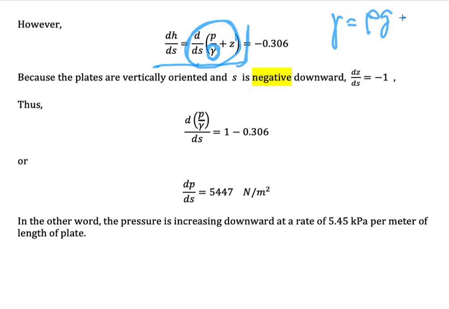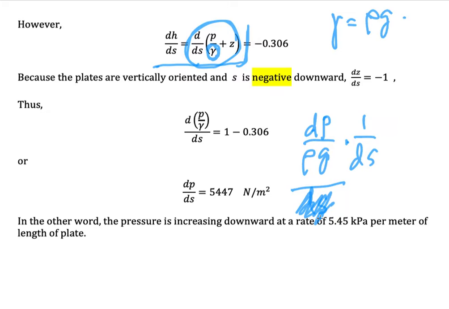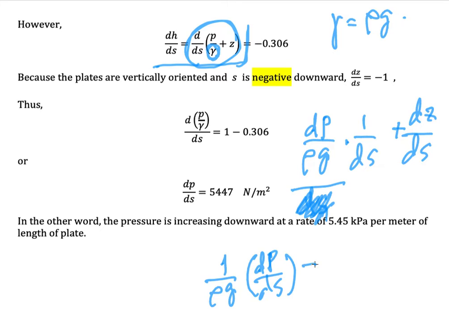So you may write it as dp over rho g divided by ds, and then it will become 1 over ds here, plus dz over ds. The rho g here is an independent term, so you may have 1 over rho g times dp over ds plus dz over ds.